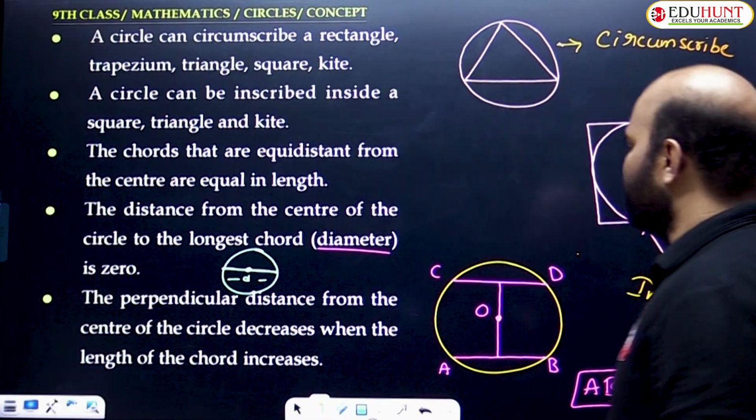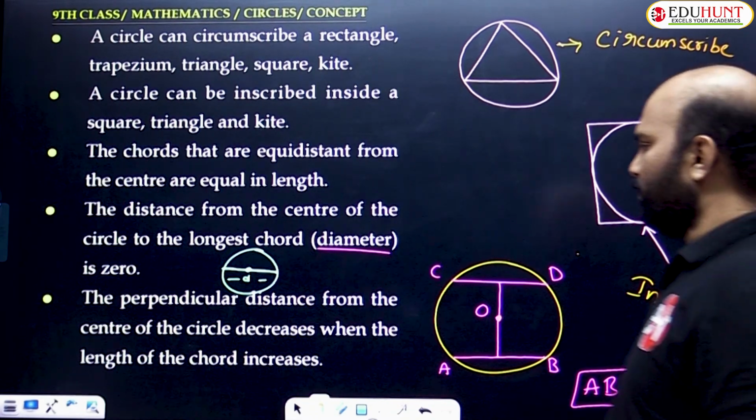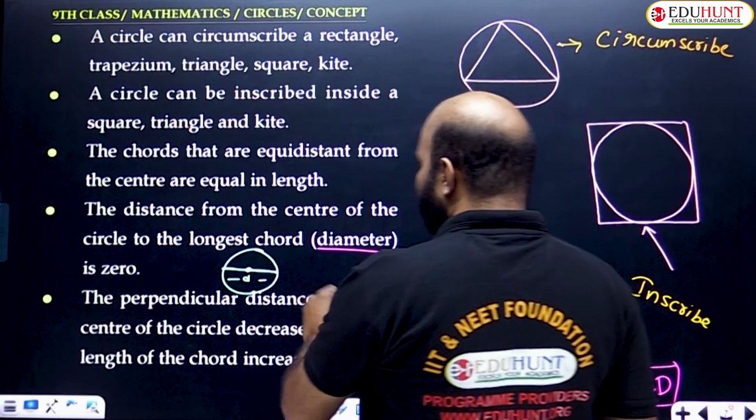The perpendicular distance from the center of the circle decreases when the length of the chord increases. This is also a very important point. This is a circle, and this is the perpendicular distance from the center.